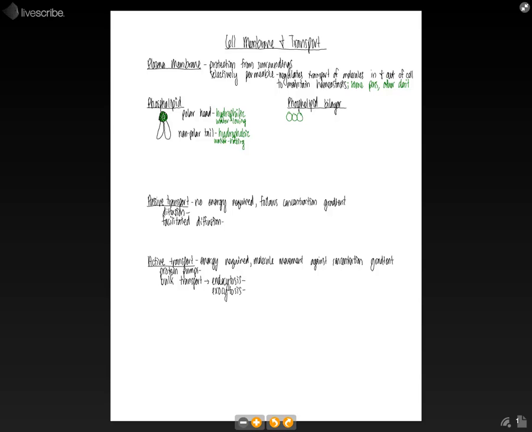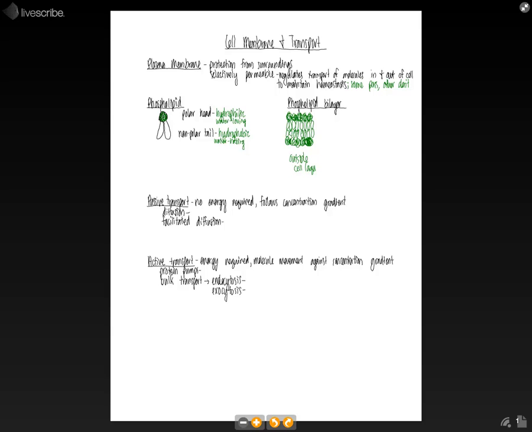And so if we just draw what this would look like, we have all of our polar heads, and then we have the nonpolar tails. And so we can see that it's going to arrange itself this way so that we can say this is the outside of the cell.